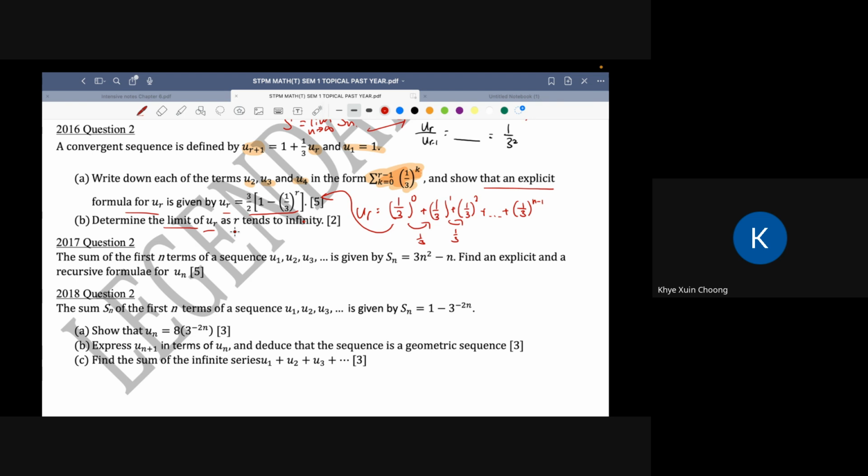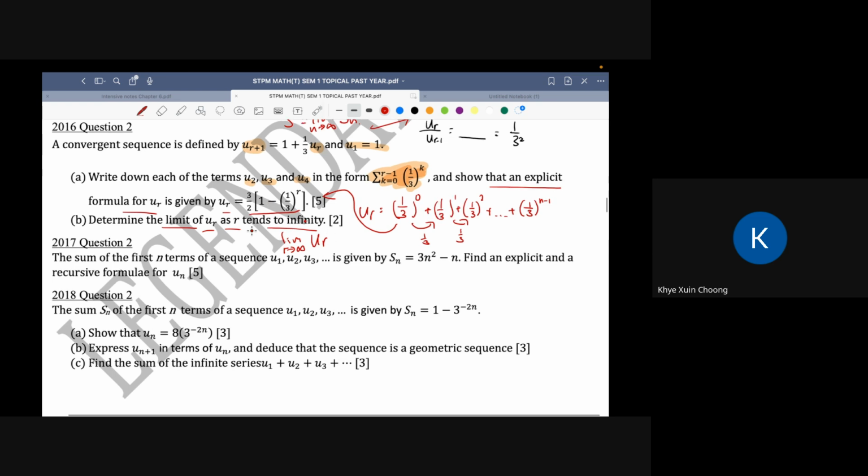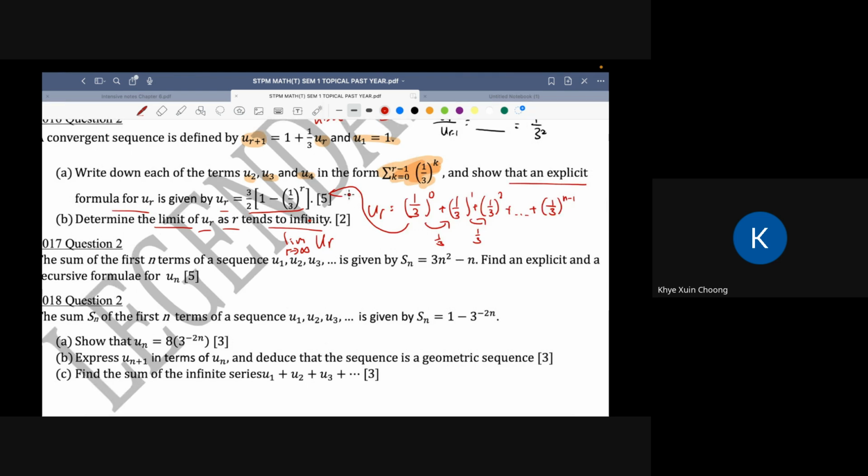Determine the limit of UR as R tends to infinity. Actually, it wants you to find the limit of UR as R tends towards infinity. So you sub this formula inside. Let's say you don't know how to do question A, but you know how to do question B. Can you do question B?